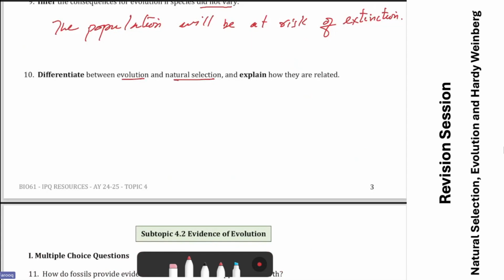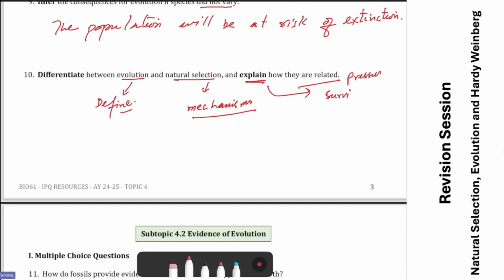You can read there that you need to define evolution. Evolution is a change in a population over time, while natural selection is a mechanism through which evolution happens. In the explanation, you will say that whenever organisms face a selective pressure, those who survive reproduce and pass on alleles and traits to the next generation.